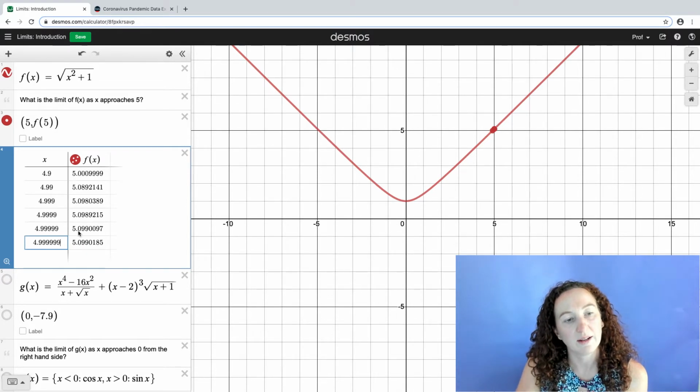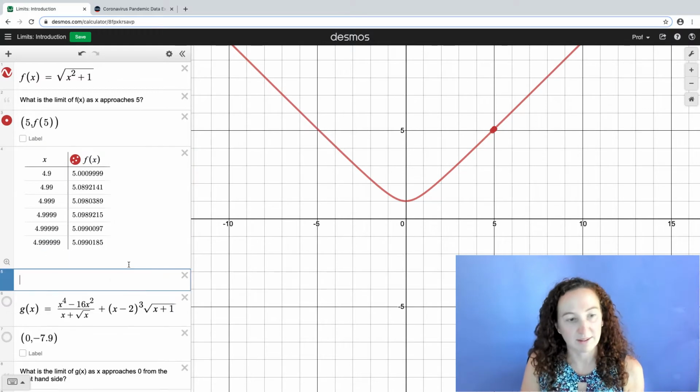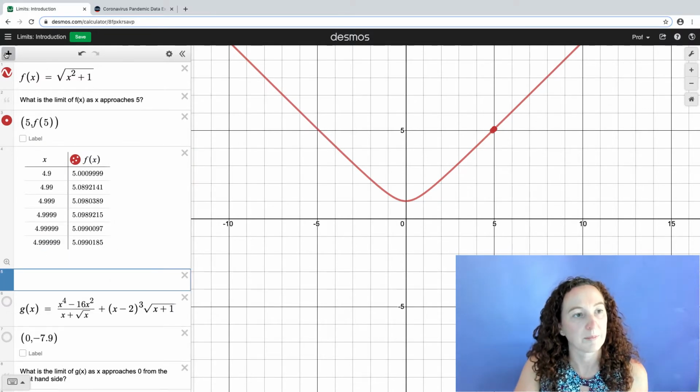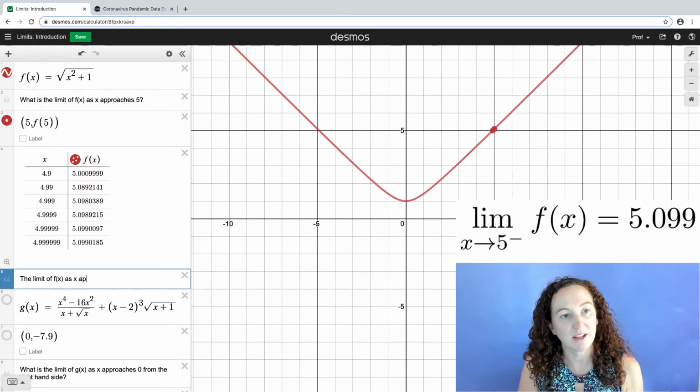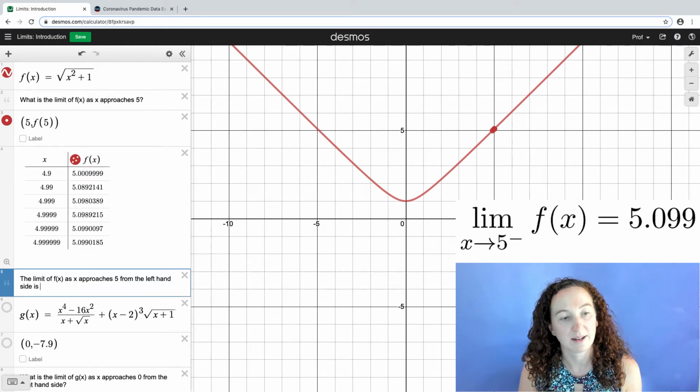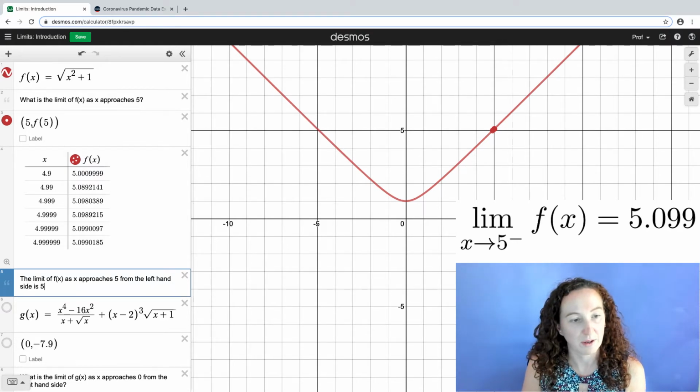See that? We have 4 decimal places that have not changed by the time I get really close to 5. So what I can say from this is the limit of f of x as x approaches 5 from the left-hand side is 5.099.